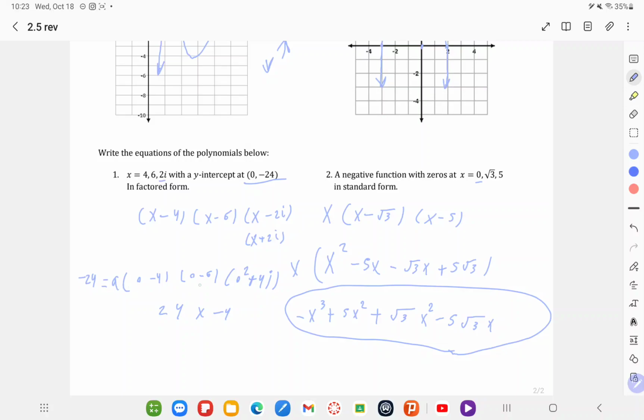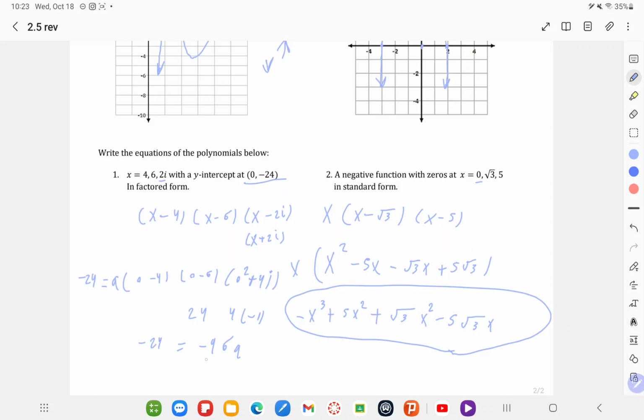Now that I want to find a, I'm putting these as 0 because this is the x-intercept of 0. So what I'm left with is negative 4 times negative 6, which equals 24. Now 24 times 4i squared, because 4i squared is just 4 times negative 1, right? That leaves us with negative 96. Negative 96a equals negative 24.